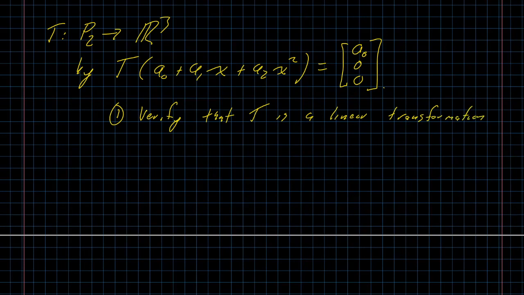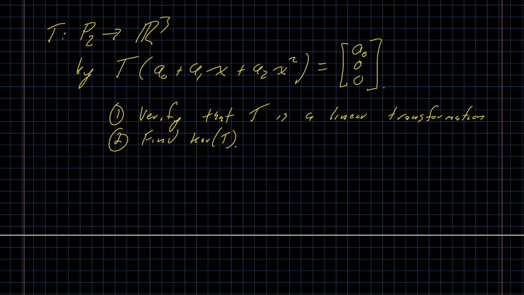This is not a linear transformation we've dealt with before, so the first thing we're going to have to do is verify that it is in fact a linear transformation. And then the interesting thing that I want to look at is finding the kernel of this transformation.